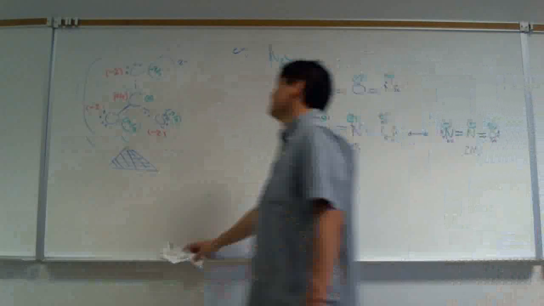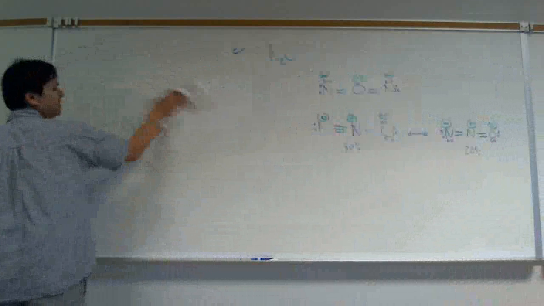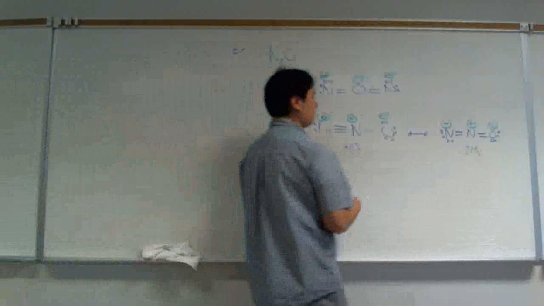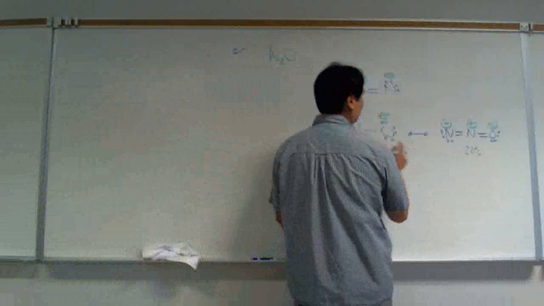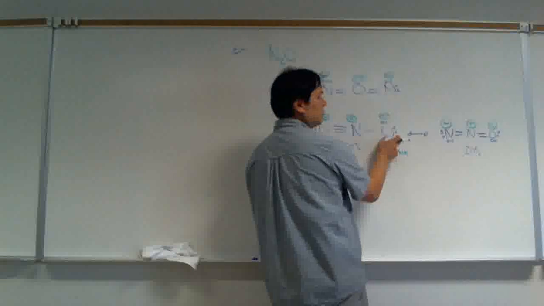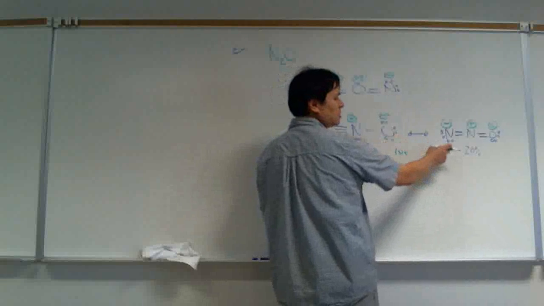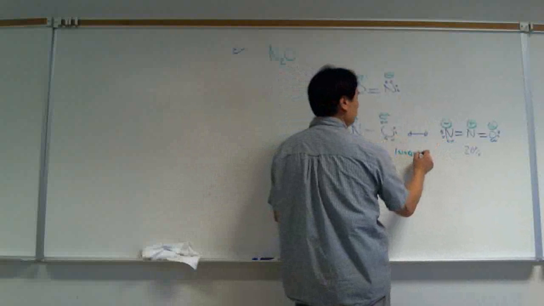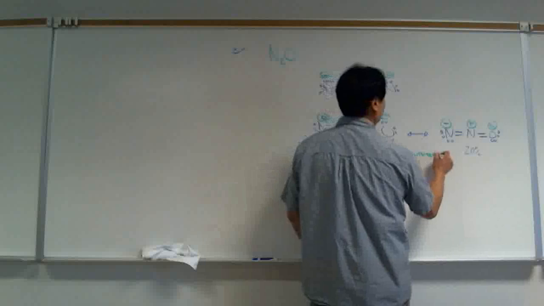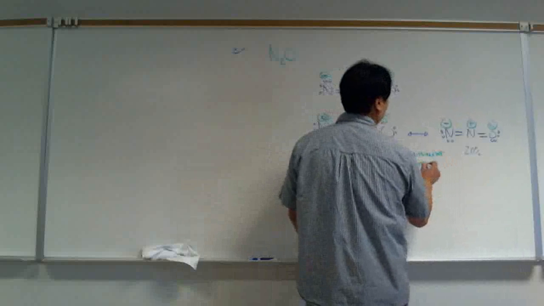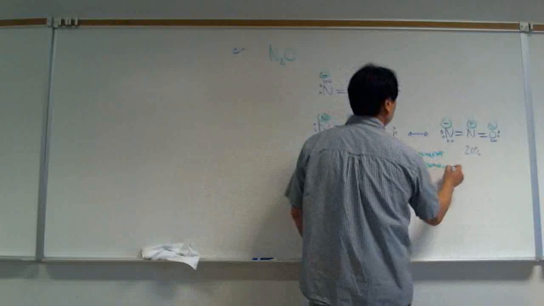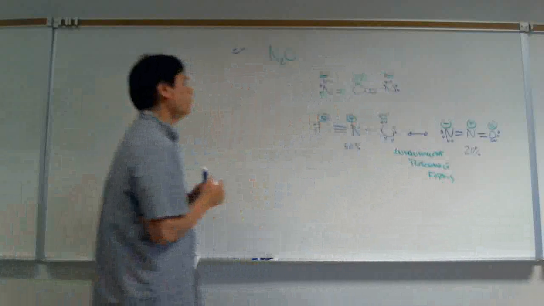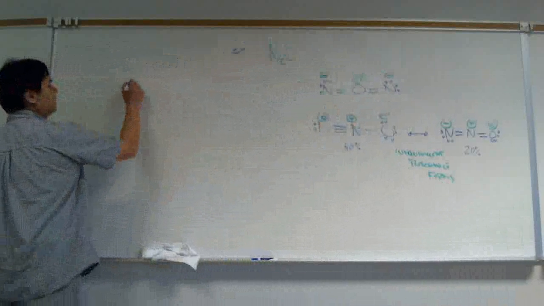And so what this means is we're going to see a hybrid that's going to look something like this because these are inequivalent resonance forms. We know that the oxygen should be a little bit more stable than having the charge on nitrogen. And so what do we have fixed?